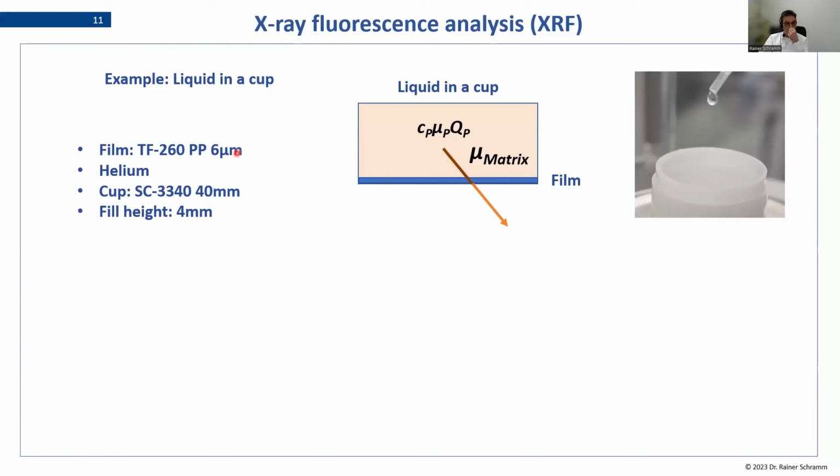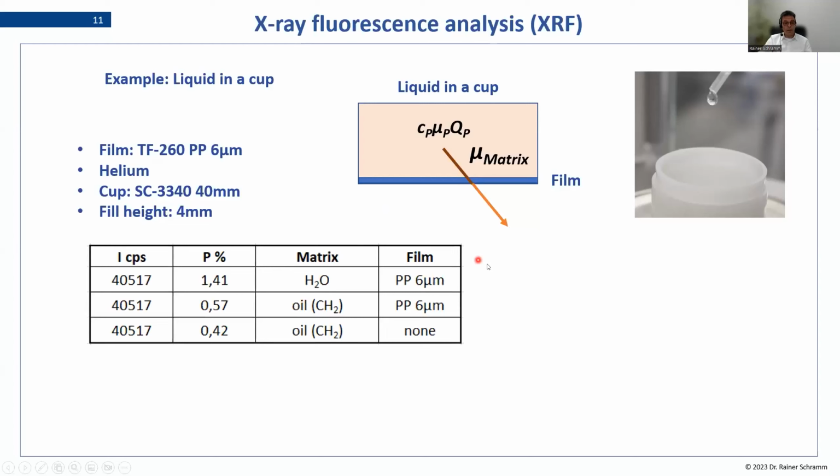That is why it's important to define the thickness and the material. You also have to define what the atmosphere is. Normally we are measuring in vacuum, there is no absorption. But if we measure in helium, we have a small absorption for the very light elements. This is why it's important that you also define this. I will give you an example now of a measurement I did.